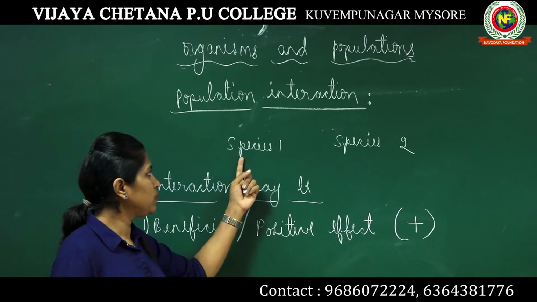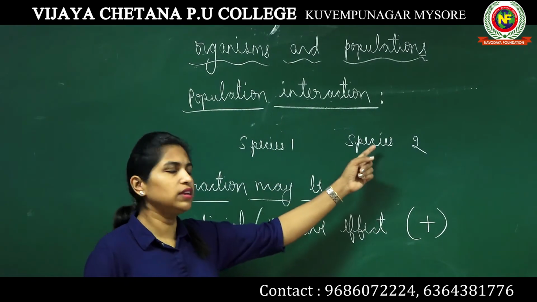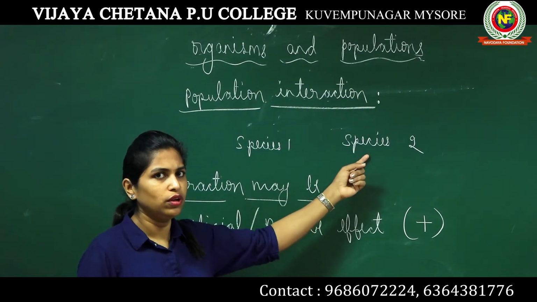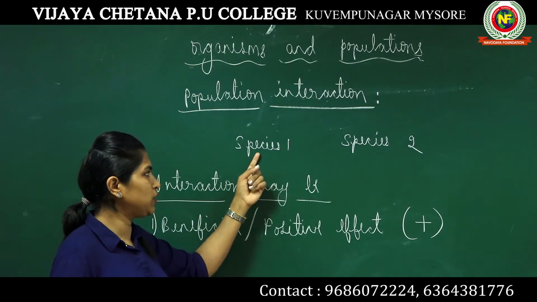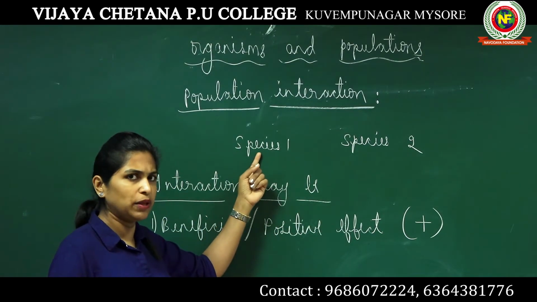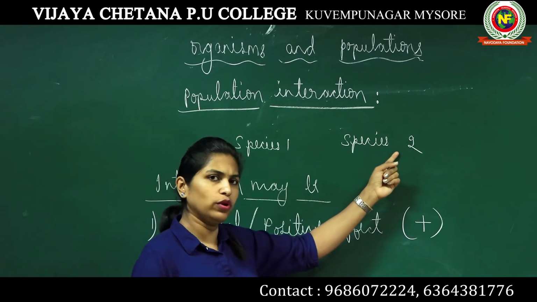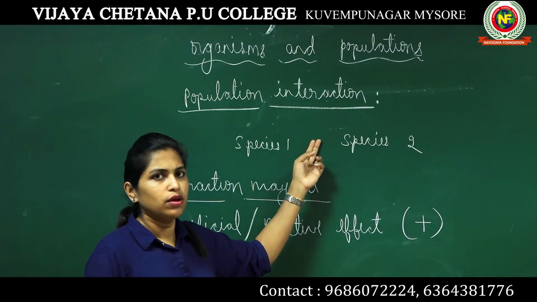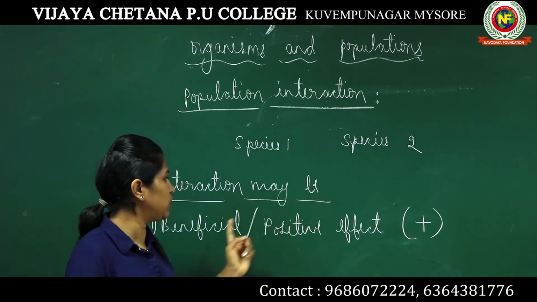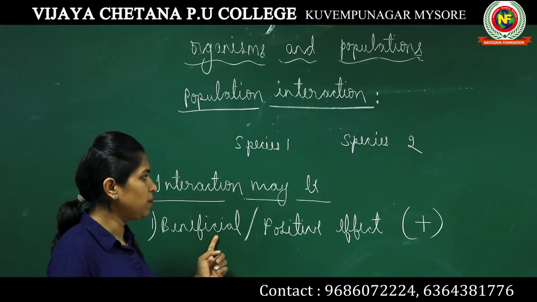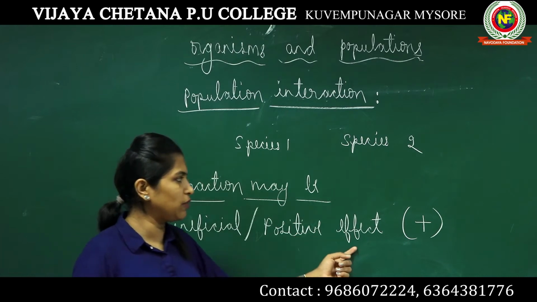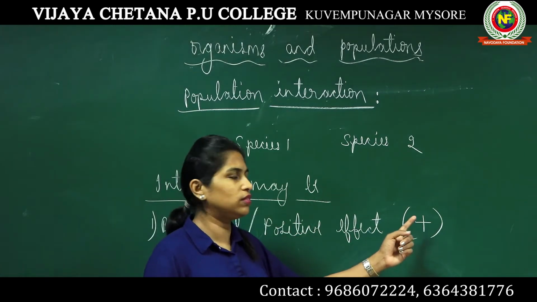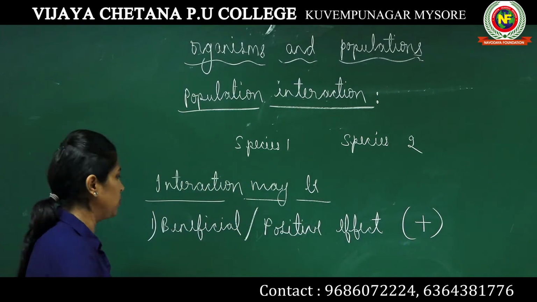That means species 1 is interacting with species 2. Here either species 1 is benefited or species 2 is benefited or both of them are benefited. So this beneficial interaction is also known as positive effect. It is symbolized with this plus symbol.